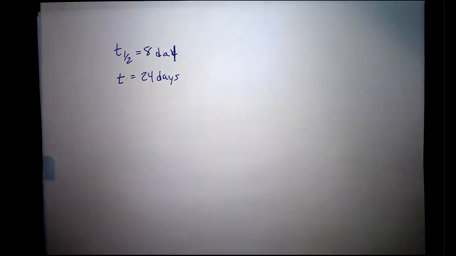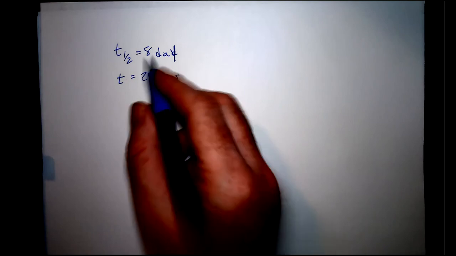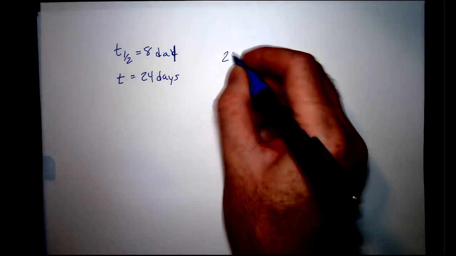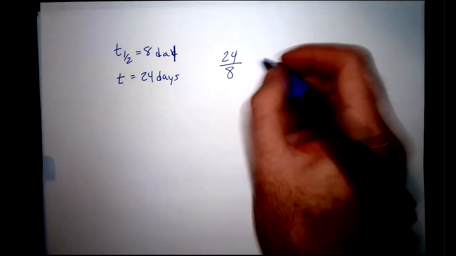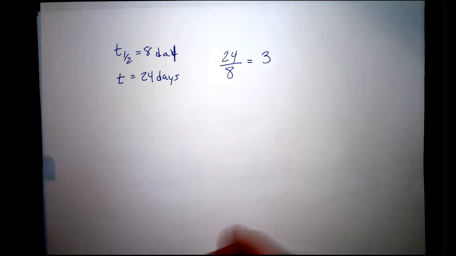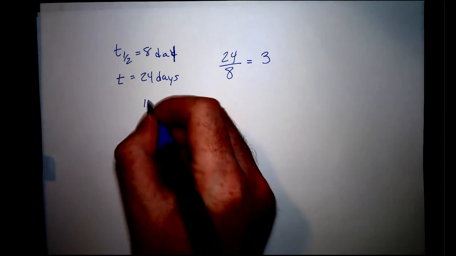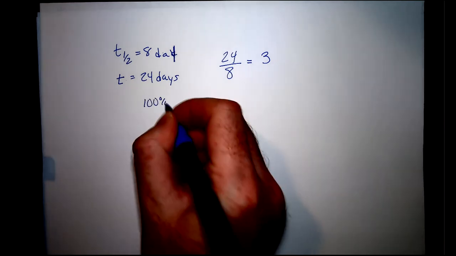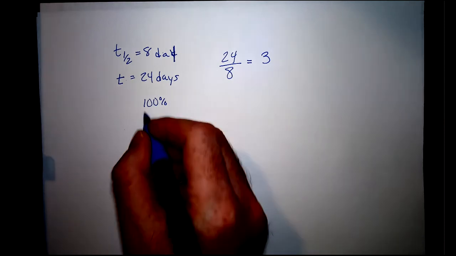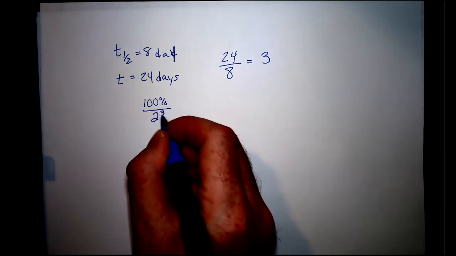So what we've got to see is how many half-lives is our time compared to our half-life. So if we say 24 divided by 8, that is equal to 3 half-lives, which means I would divide my original amount by 2 three times. So if we got 100% of it at the beginning, we're going to divide that by 2 three times, or 2 to the third.